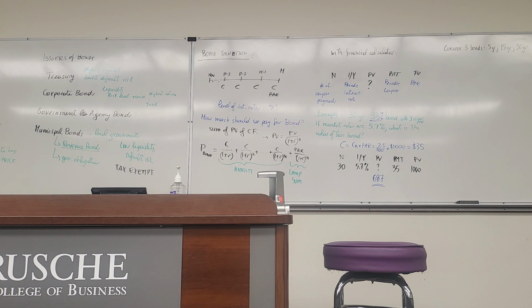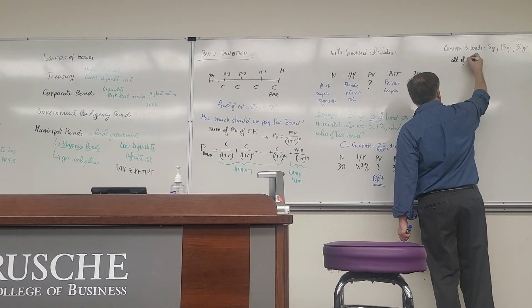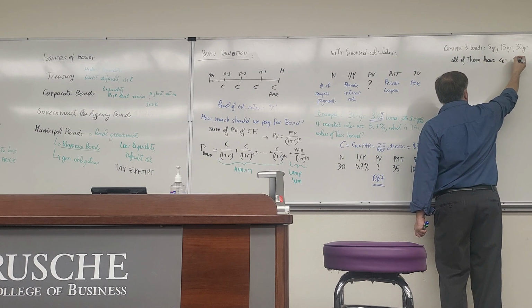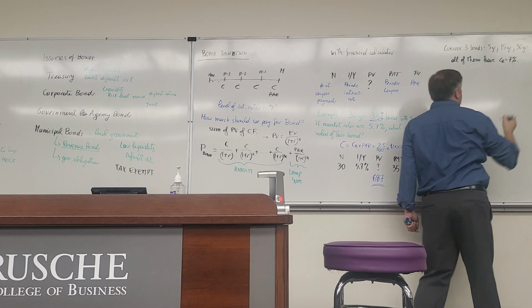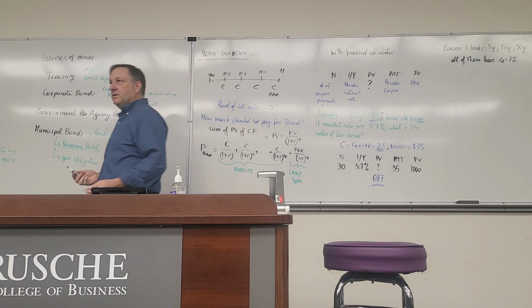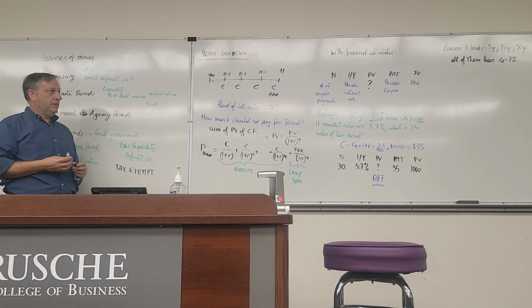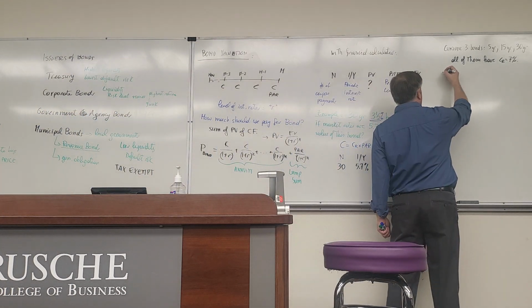So those bonds are all identical in characteristics except their term, and all of them have a coupon rate of 7%. Okay, so those are 3 bonds. They only differ in terms of their years to maturity. Everything else is identical.